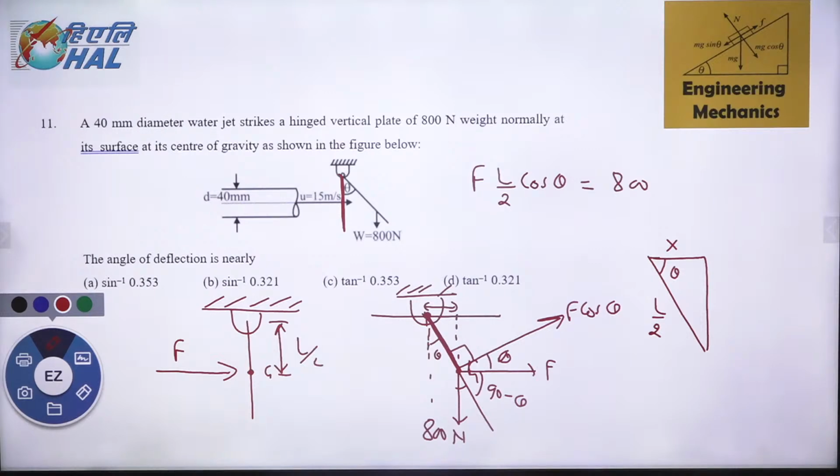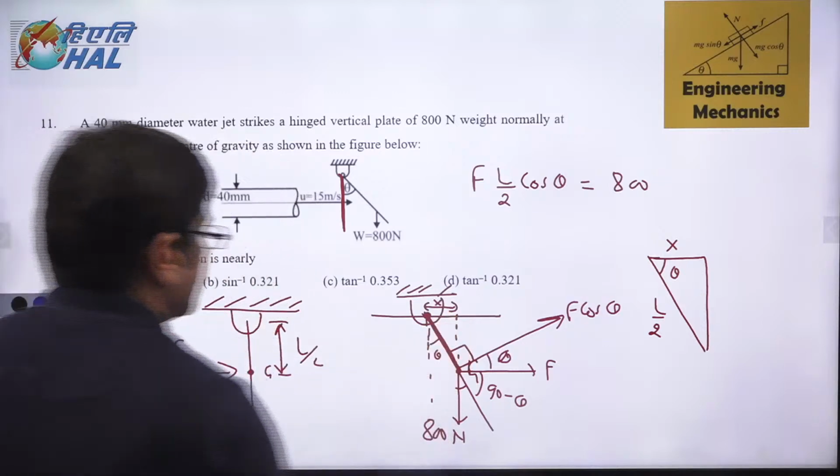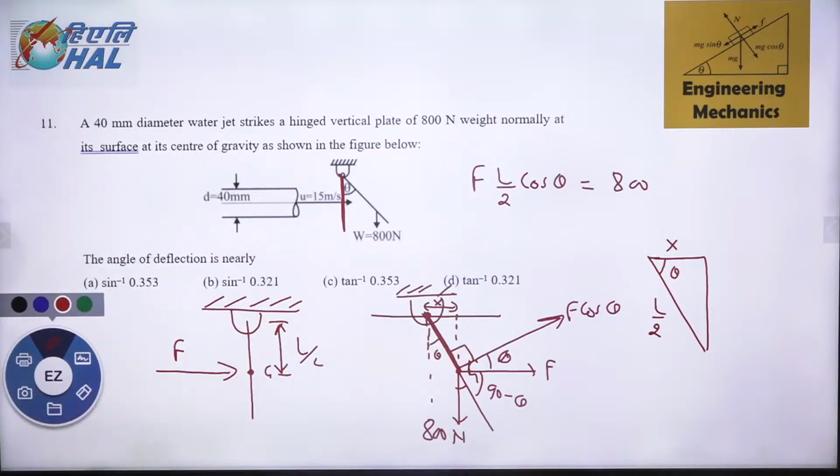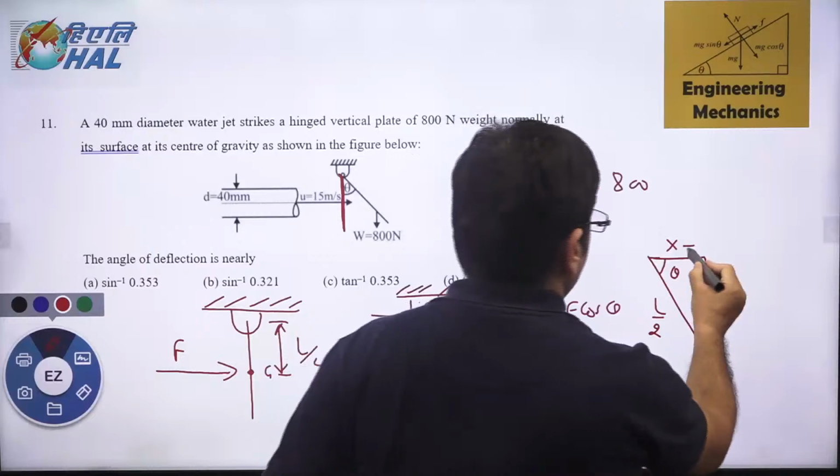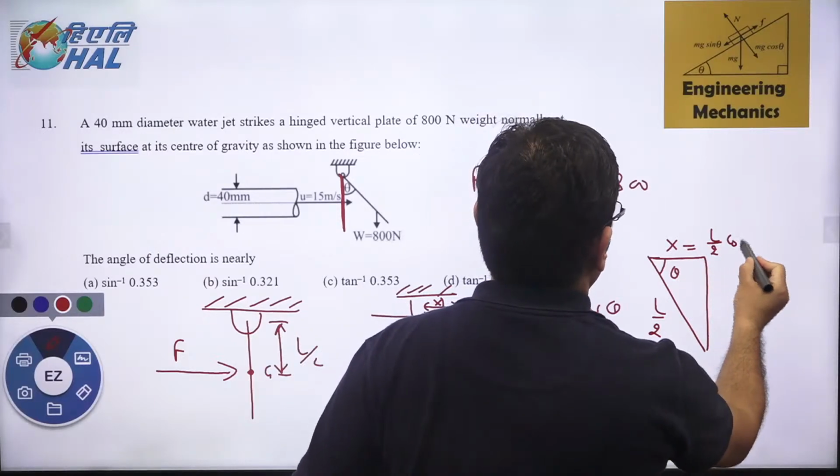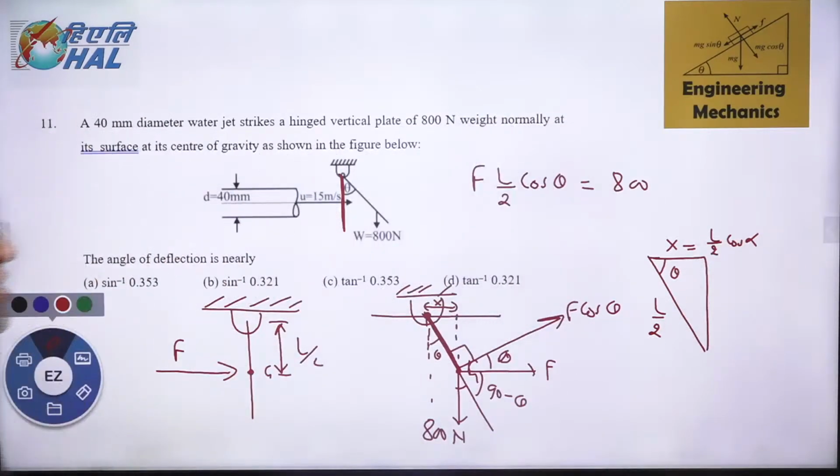We want to find out this distance x, because 800 into x is the clockwise moment, and F cos theta into L by 2 cos theta is the counterclockwise moment. What is x now? If I'm not wrong, this is L by 2 cos theta. Just check it out whether it is coming.